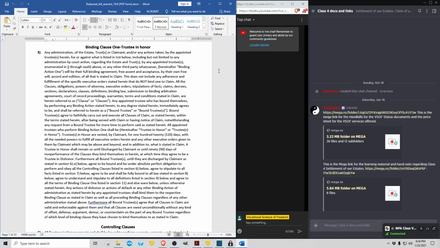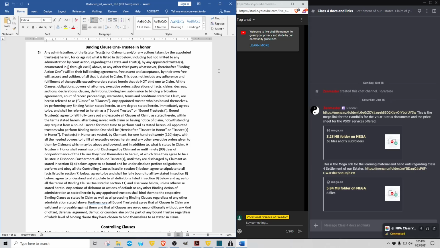Now, the list is basically everything that you could possibly attach to the estate, and that goes on for 3.5 pages, which I'm definitely not going to read. Including but not limited to any administration by any court action regarding the estate and trusts by any appointed trustee, enumerated through I through XXI above, which was the list that I did just read, or any other third party whatsoever. So in case I missed anything anywhere, great, there's your catch-all.